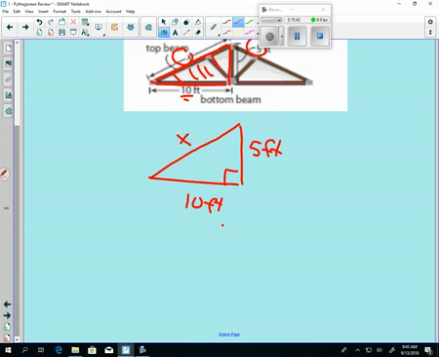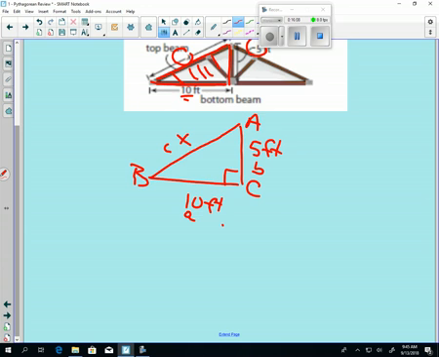And they want to know the length of that top beam. So I say, well, now I can use Pythagoras. I have three sides. So I can say, okay, this is my side C, this is my side A, and this is my side B. That's my unknown. Here we've got this side over here, B, and opposite it, A.